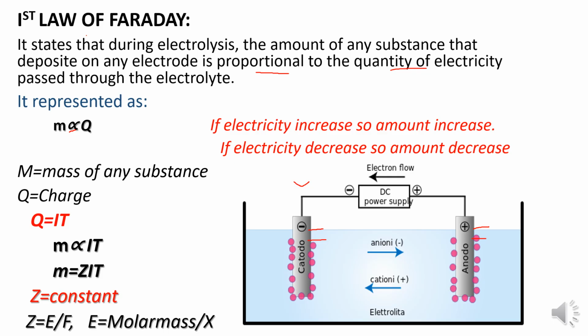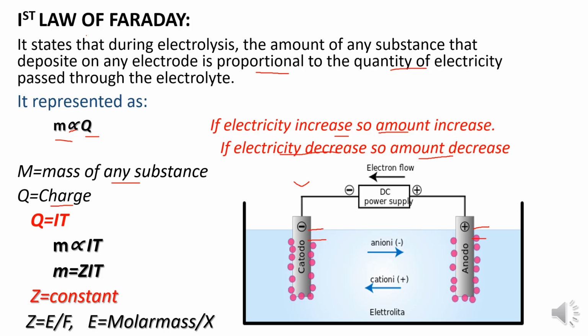If electricity increases, the amount increases. If electricity decreases, the amount decreases. Okay, clear students? Now M denotes the mass of any substance and Q denotes the charge.